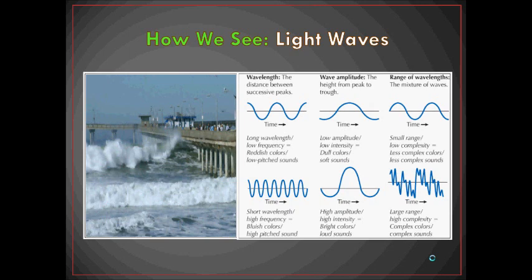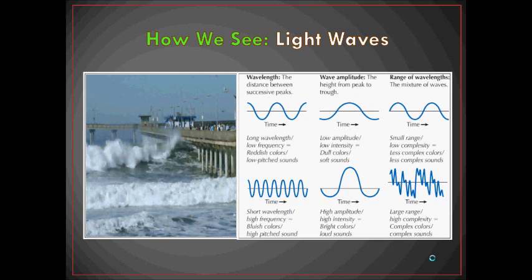Now, the wave of light that comes at a high amplitude, essentially the height from the peak to the trough, from the highest point to the lowest point, that's the amplitude. Low amplitude has kind of dull colors, whereas high amplitude can produce very vibrant, very bright colors.